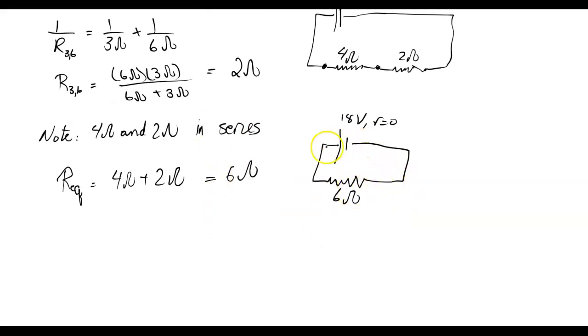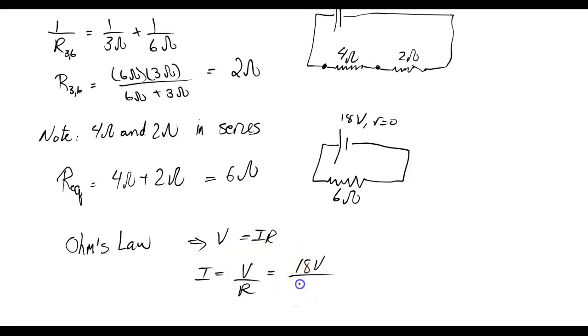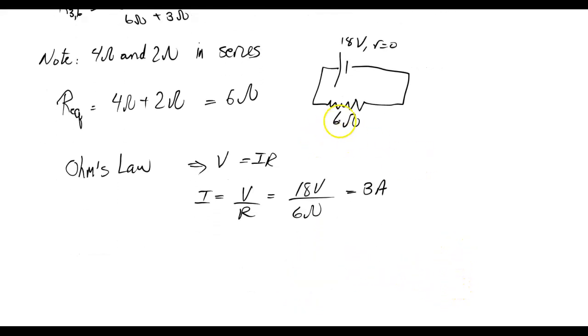And because now we have the equivalent resistance of the voltage source, we can use Ohm's law, which says that V equals IR. So I in this circuit is going to be V over R, which is 18 volts divided by 6 ohms, or 3 amps. So now we know that the current through here is I, which is 3 amps.